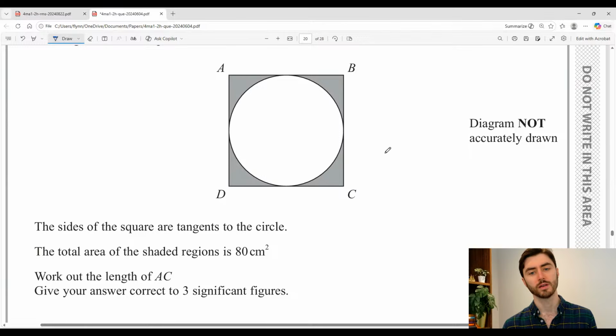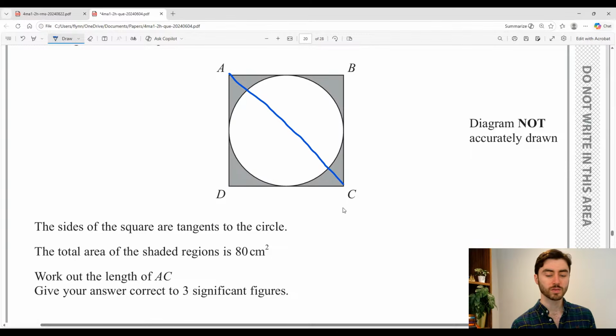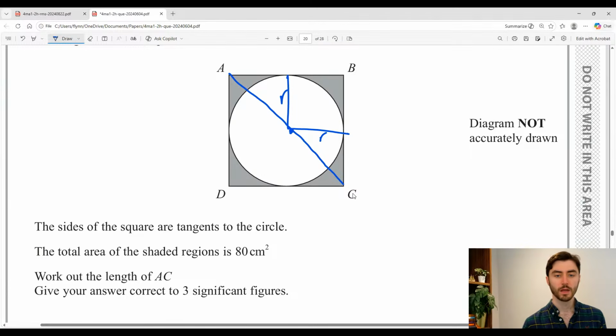Curious. Okay, so well, I can immediately see that if I draw on AC, it is going to be the hypotenuse of this right-angled triangle. And because this is a square, the length of AB is the length across here, which is the diameter.